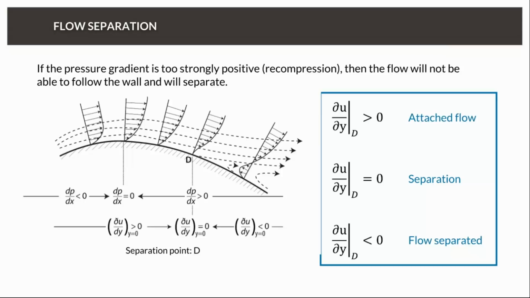Every time on a body we create curvatures that produce positive pressure gradients, we have a risk of flow separation. For instance, on the roof of a car, the first part of the roof is okay, but once we're going downwards to the rear of the car, we will have risk of flow separation.